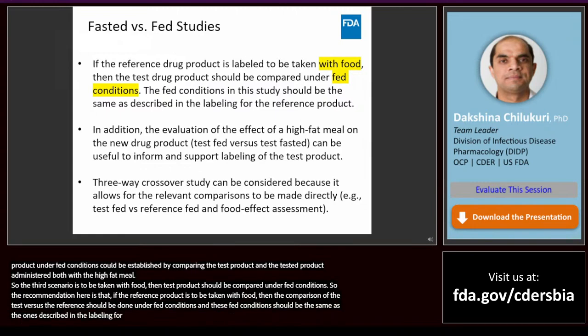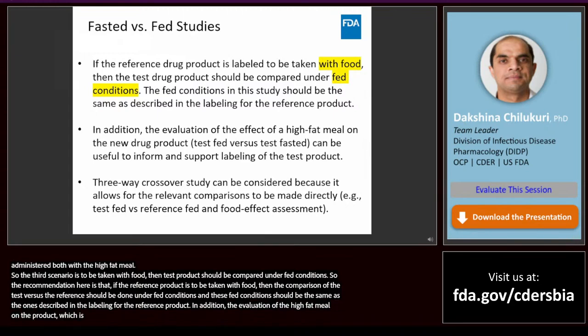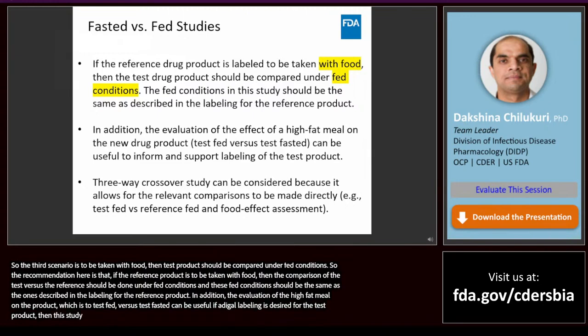In addition, the evaluation of the effect of the high-fat meal on the new drug product, that is to test the test fed versus test fasted, can be useful if additional labeling is desired for the test product. Then this study could inform that section of the label.